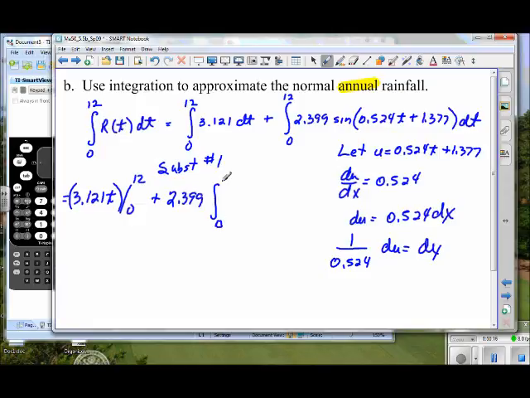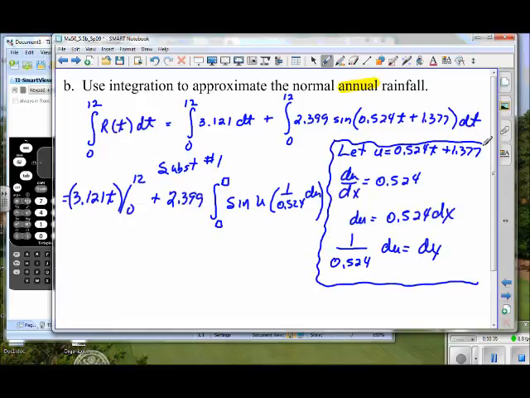I'm going to leave these empty for now. And this would give me the sine of u times 1 divided by 0.524 du. So let's keep that work straight here. That's off to the side there.